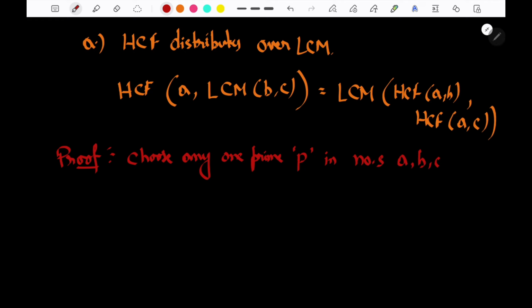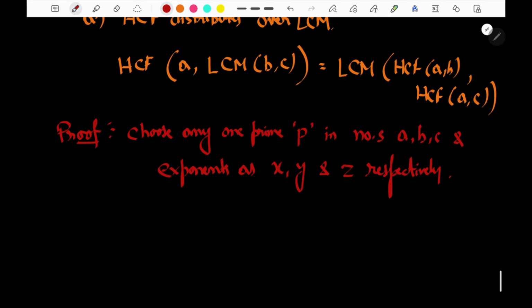Let's say a, b, c have some prime number in common, and their exponents are x, y and z respectively. Now what is the procedure? Check the LHS. What is written here? HCF of A comma LCM of B, C.